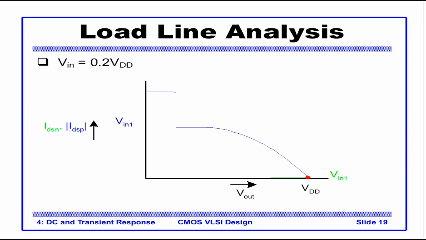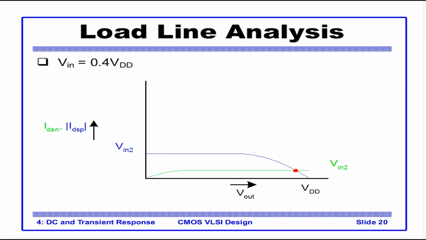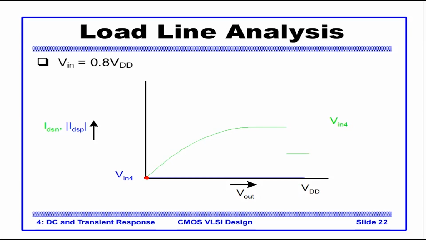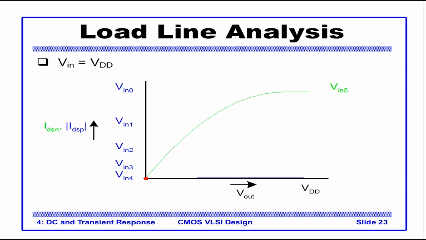V in starts increasing, V out starts decreasing, NMOS starts turning on, PMOS starts turning off, and at V in equal to 0.8 VDD and higher, the blue line is along the x-axis because the PMOS is almost turned off completely, and NMOS is the one driving the output. So for V in high, V out is nothing but 0. The same thing happens when V in is equal to VDD: IDSN is this curve, and V out is 0.